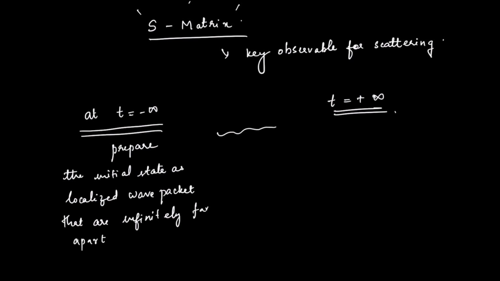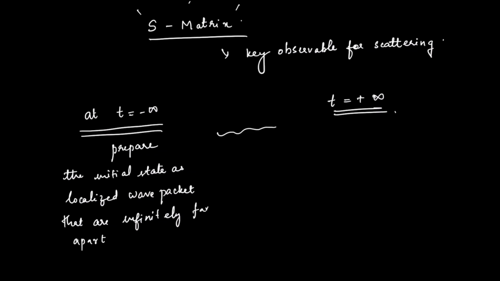Okay, so initially the particles are far apart, and you have to aim them in such a way that you prepare their initial momentum so that they come together at some point, and then they will scatter and interact with each other, and the final product will go away from each other, and at the end they are again far apart, right?